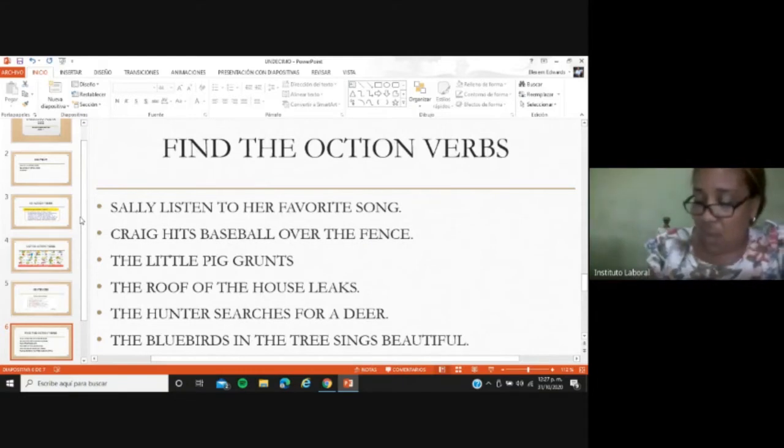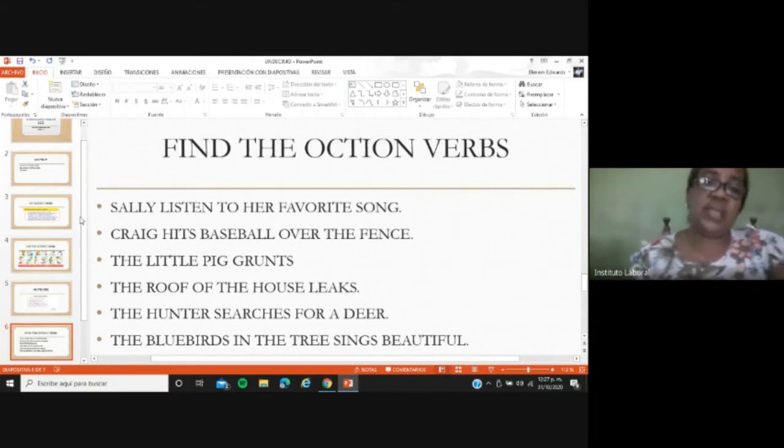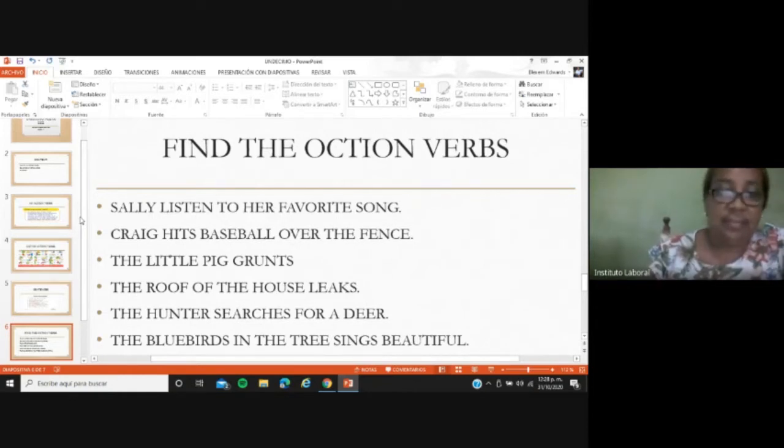If you see number one, John talks at inappropriate times. Okay, which is the action in this sentence? John talks at inappropriate times. Estamos en el módulo, en la page 17. Okay, the action verb is talk, habló, talks.